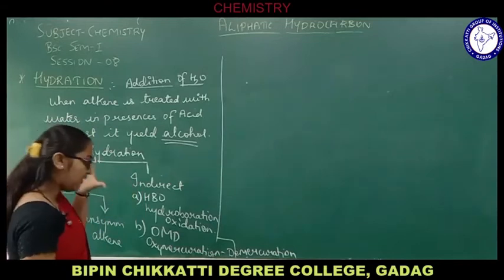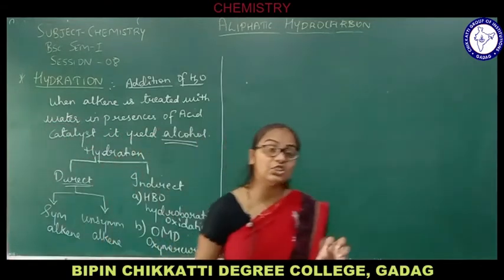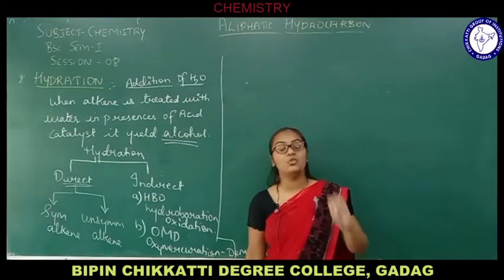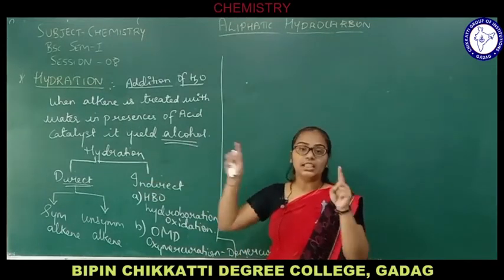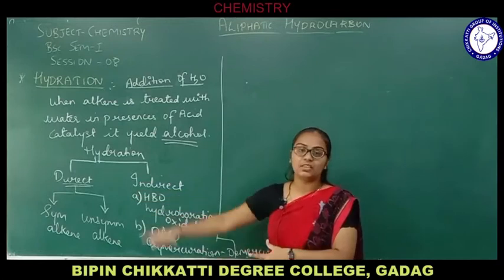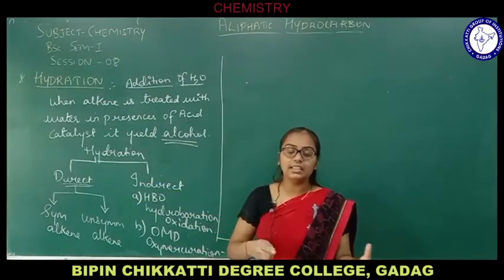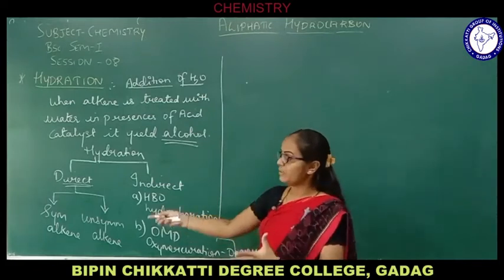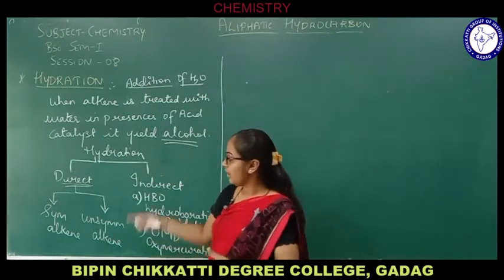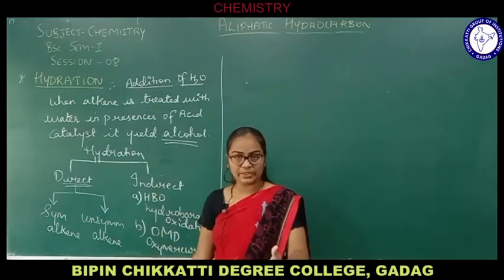But you just have to understand that hydration, meaning addition of water to the olefin, takes place in two ways. The first one is the direct method. In the direct method, the addition of water takes place in two ways: for symmetrical alkene the process is different, and for unsymmetrical alkene the process is different.